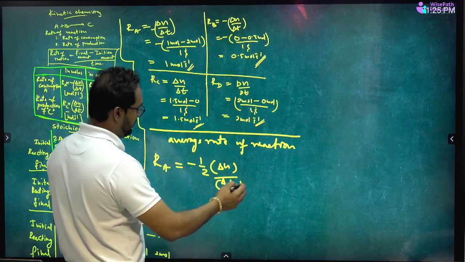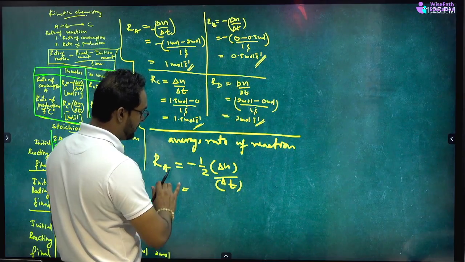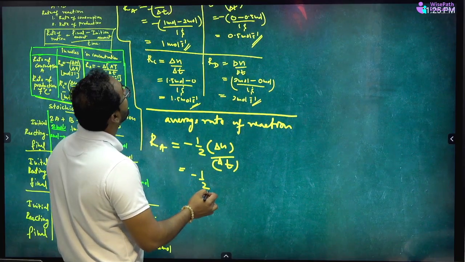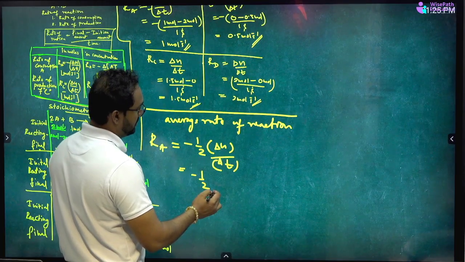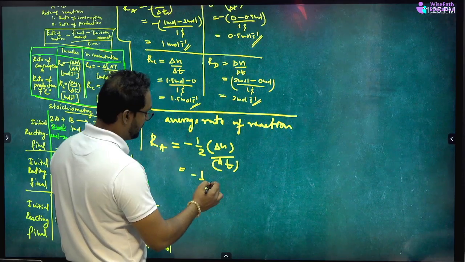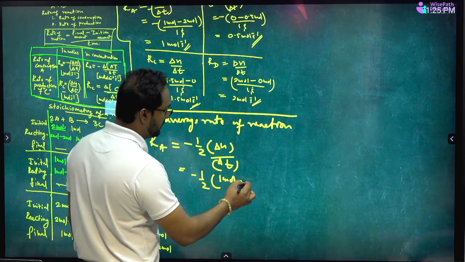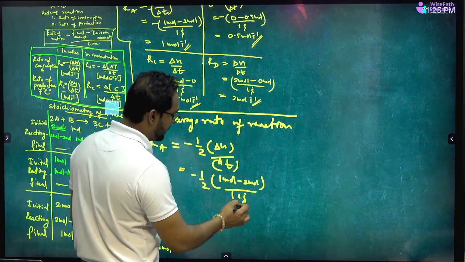I'll do the calculation as well. It's minus of, we'll go all the way. 1 mol minus 2 mol divided by 1 second.